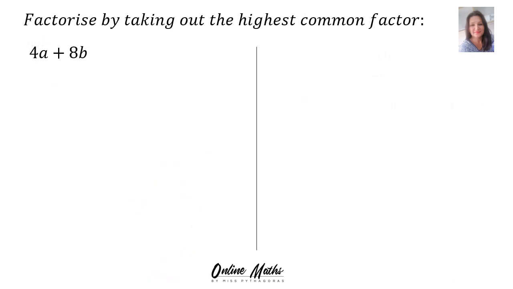The first thing that I'm going to teach you is how to factorize by taking out the highest common factor. Now, first of all, I want to show you that when there's only 4a, it means there's actually an invisible 1 times 4a plus, and then the factors of 8 are 1 and 8 and 2 and 4, and that's the one that we're going to use, the 2 times 4, since we want to take out a common factor, the highest common factor.